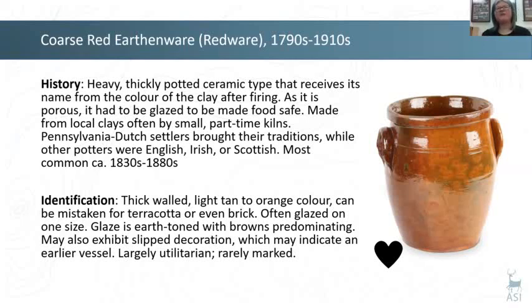This stuff is often overlooked because it's not shiny and white and exciting, but I disagree. I think it's amazing. Usually for us, we see a lot of very standardized forms. Crocks, bowls, milk pans. So a milk pan, you bring the milk in, put it in the pan, let it sit in a cool place in your kitchen, and then the cream would rise to the top, and then you would move on to making butter, whatever.